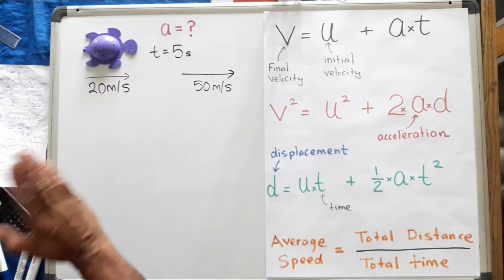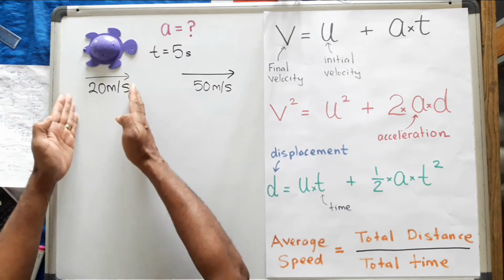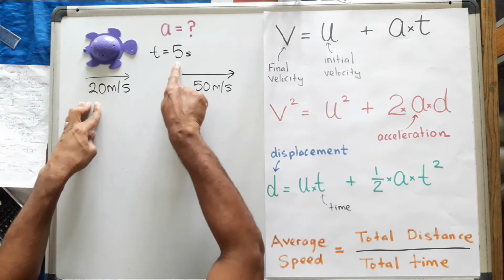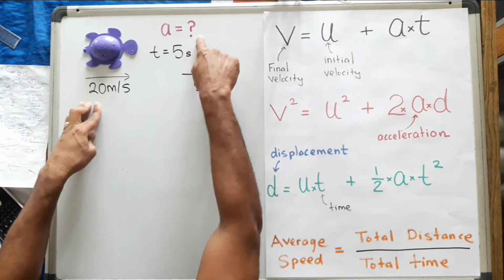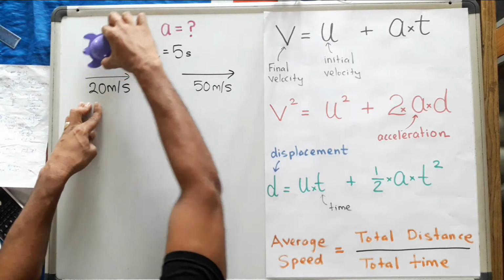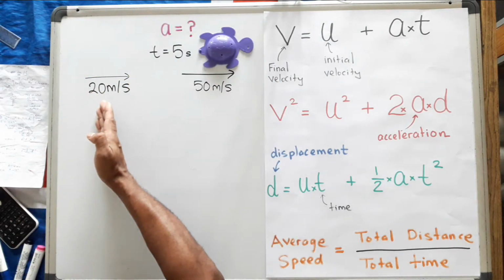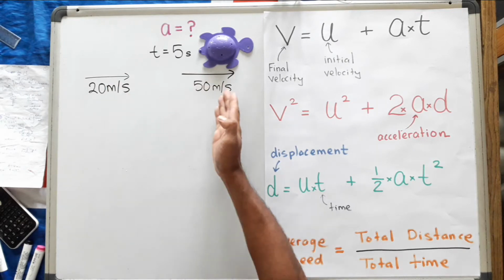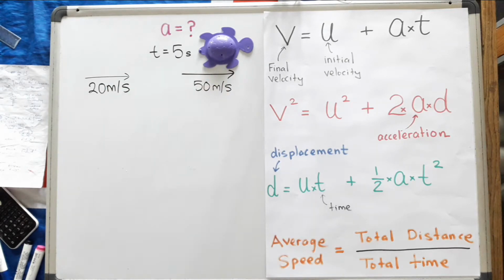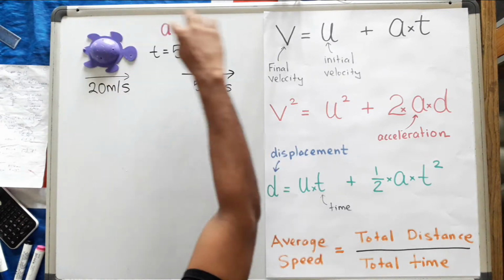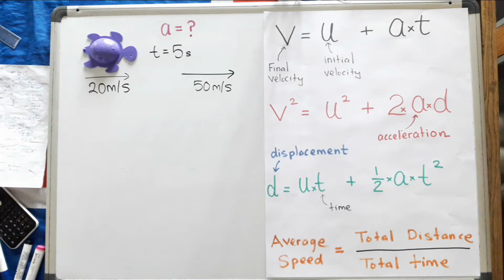All I know is that the turtle accelerated for 5 seconds, and after that 5 seconds, because of the acceleration, it was now moving faster. It started off with 20 meters per second and it ended up going at a velocity of 50 meters per second. So first of all, we are trying to find A, the acceleration.